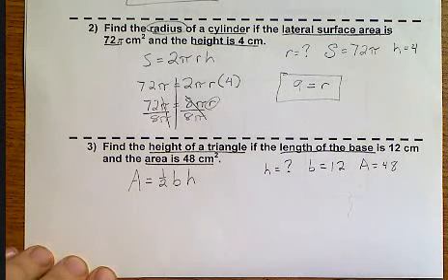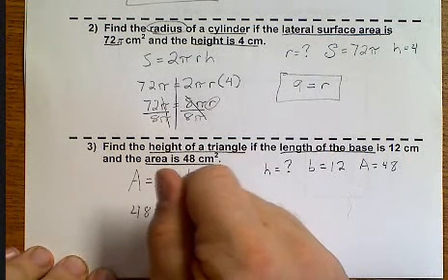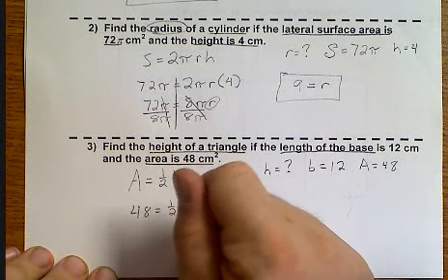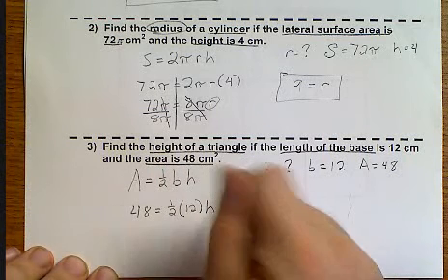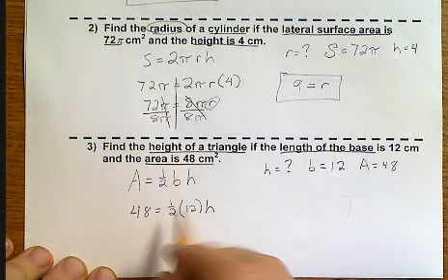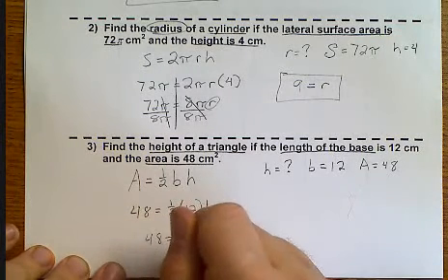Plug the numbers in. 48 equals 1/2 times 12H. Simplify, 1/2 times 12 is 6. So 48 equals 6H.